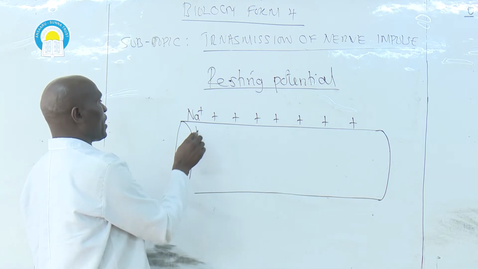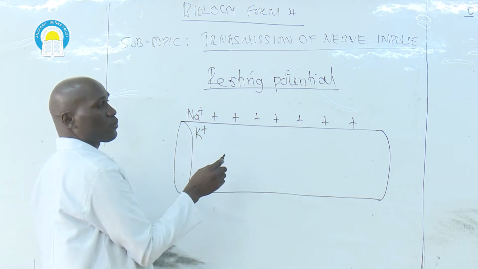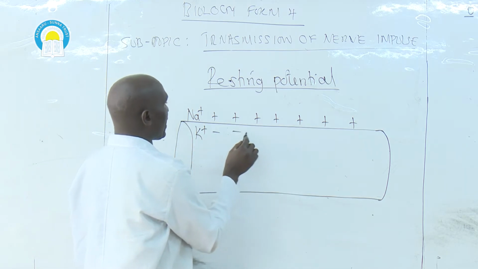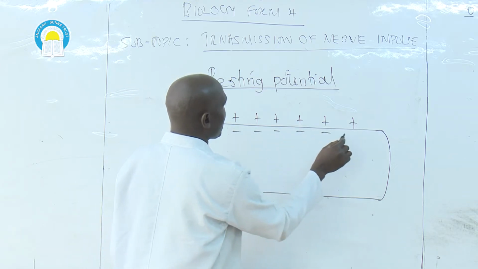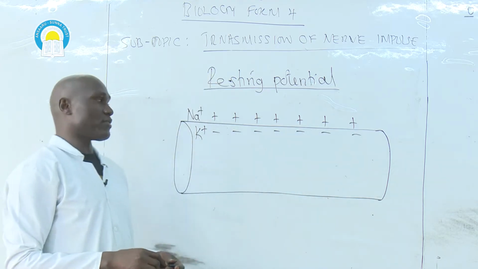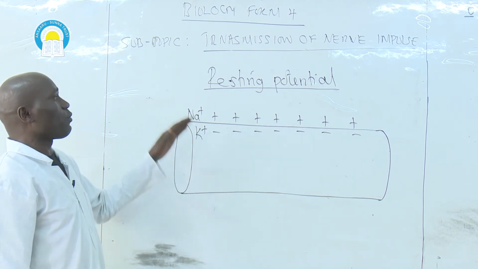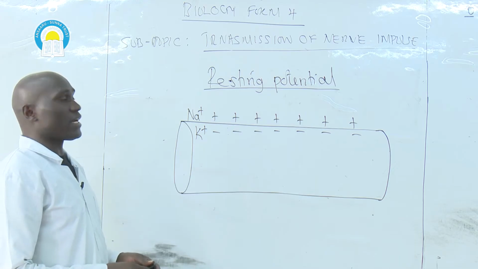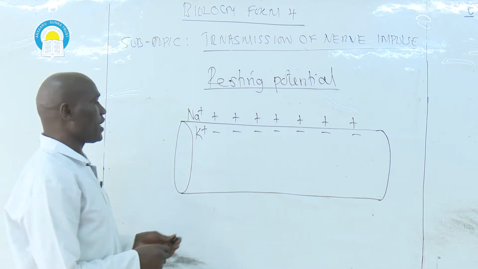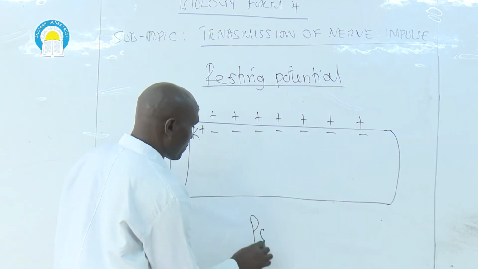Inside the axon, we have potassium ions, which are very few, but with a large percentage of negatively charged ions. So that means at resting potential, we say a neuron or axon is polarized.